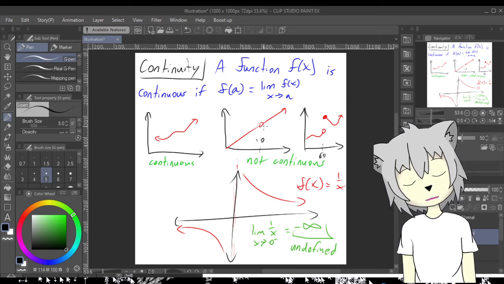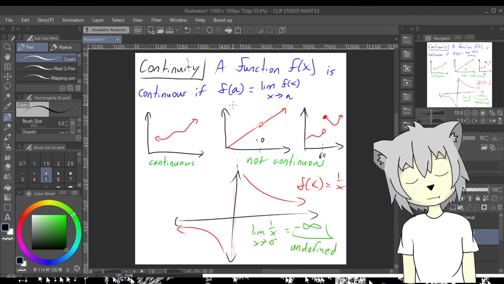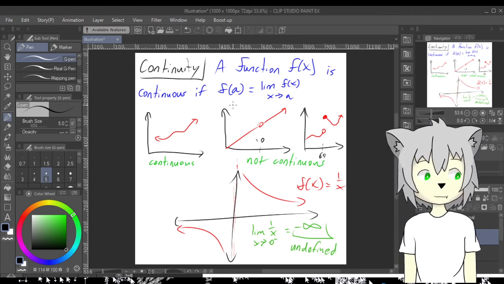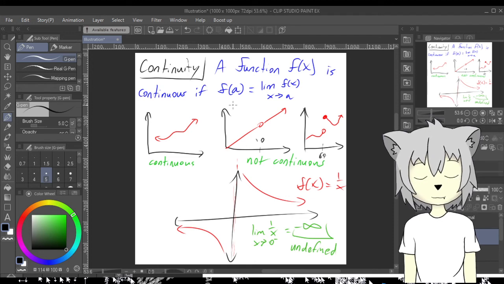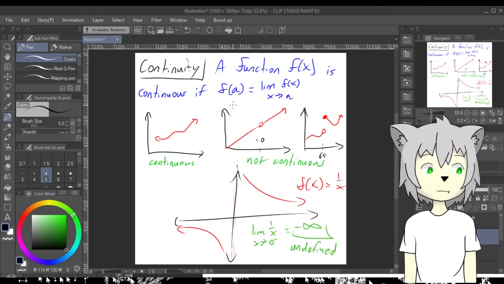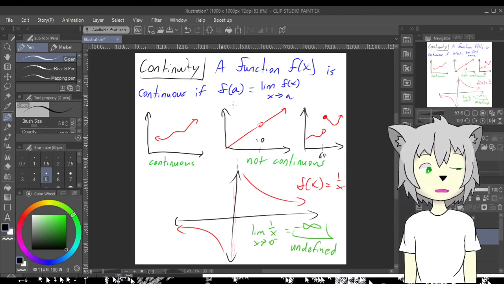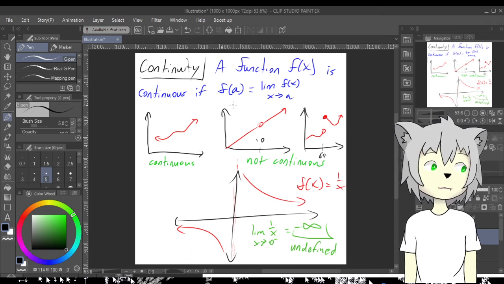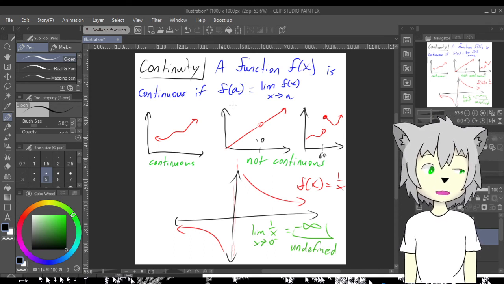At this point, although the limit as x approaches 10 exists, f of 10 doesn't exist, and because of that, it's not continuous. It's just a more formal way of proving it. You can't just say there's a hole in it so it's not continuous. How do you know for sure?